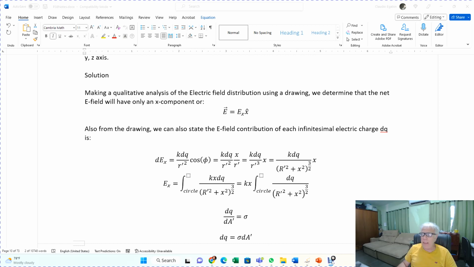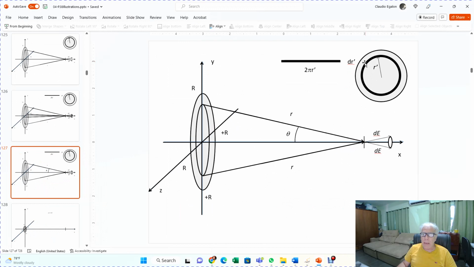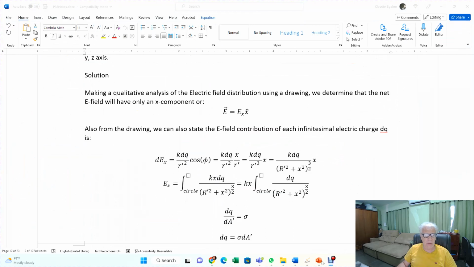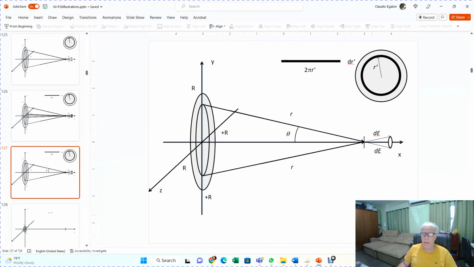The dq in this specific case is a ring itself, not just a little slice of the ring, but the ring itself. Because we have a cosine of phi here, we can write our cosine of phi. Here's the phi angle, and there should also be a phi here.